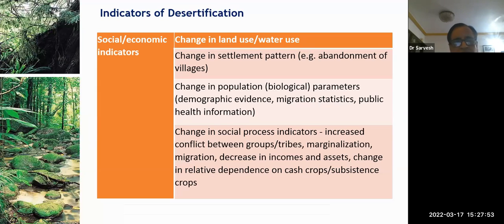The third is the social and economic indicator, which pertains to change in land use and water use. There may be changes in settlement pattern, population, and social processes, and conflict between groups because of scarcity.